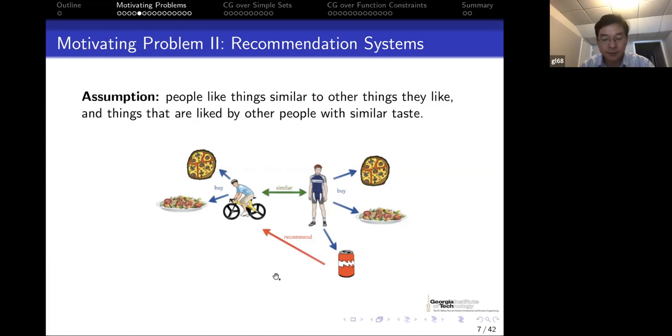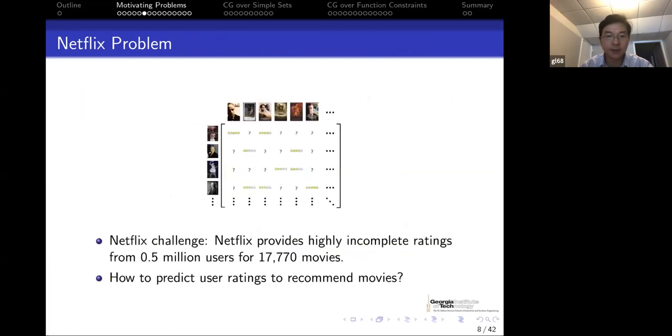A classic example is the Netflix problem. About 10 to 15 years ago, Netflix, which is a company renting movies, posed a challenge. They have many movies to rent, and they also have many users. The users usually don't provide ratings, and if they do, they don't provide ratings for all the movies that they have watched.